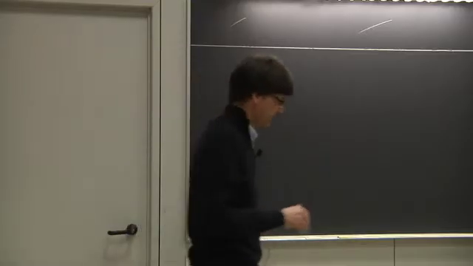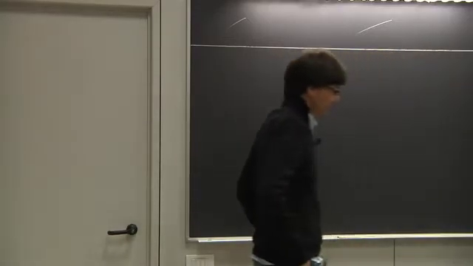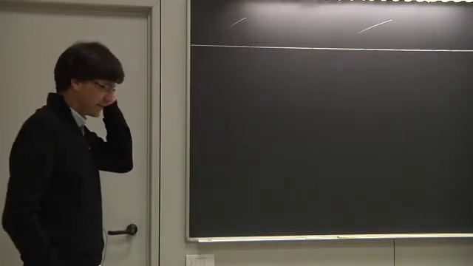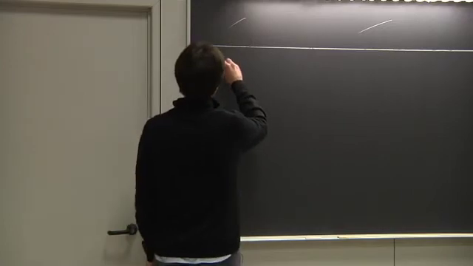Yes, what I would like to discuss today, and it will probably take the full lecture, is one kind of bond that we discussed last time, and this is the covalent bond.